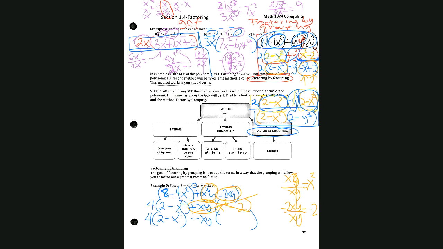So if we do that, and now imagine we have positive x to the third power times y, we factor out a negative xy, then we will get negative x squared.